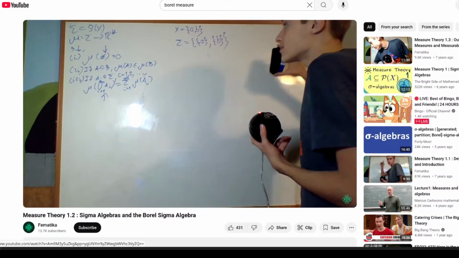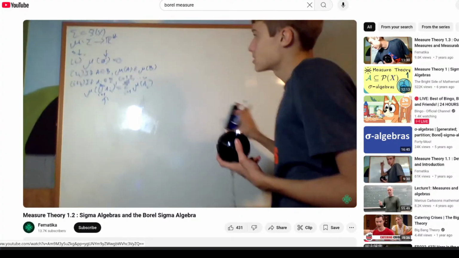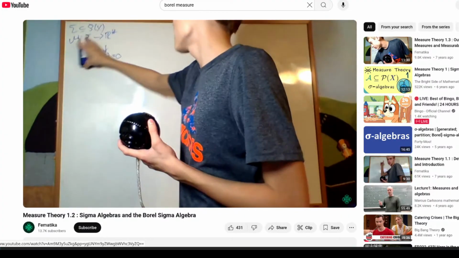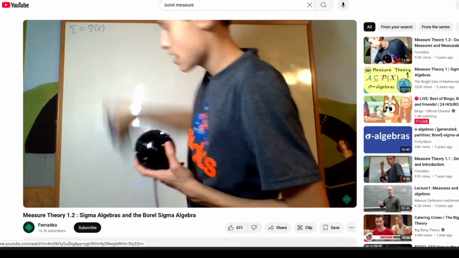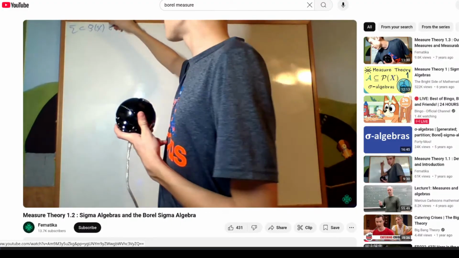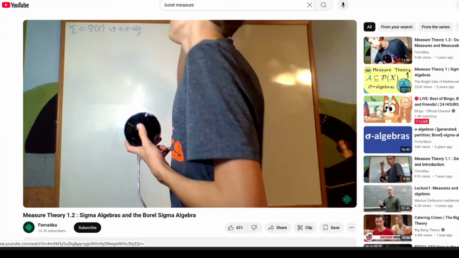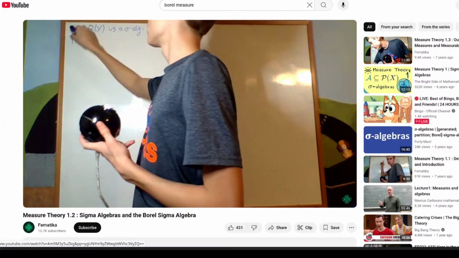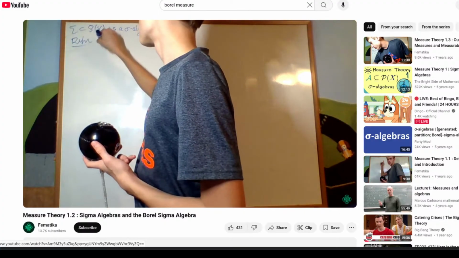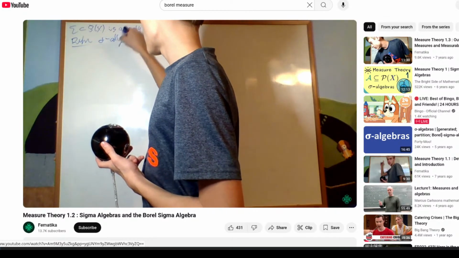And so instead of saying just any sigma a subset of a power set, we need to have a special property that this is a sigma algebra. What's a sigma algebra? Well, definition, sigma algebra.